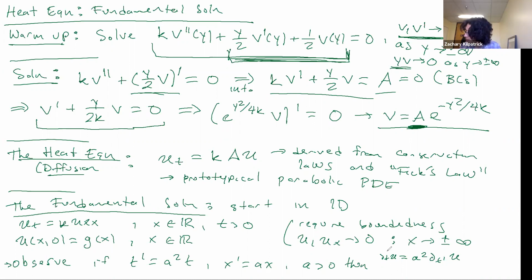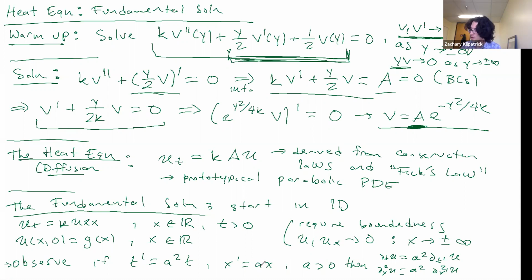And ∂_x squared of u is equal to a squared ∂_x' squared of u also, because if I differentiate this with respect to x through the chain rule, then this factor of a pops out twice.